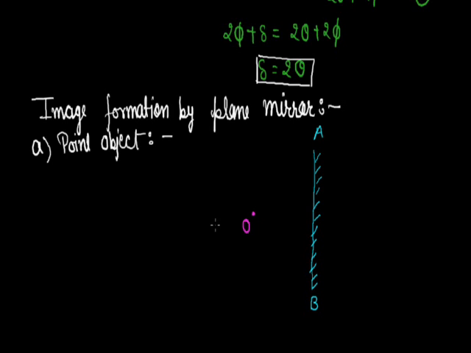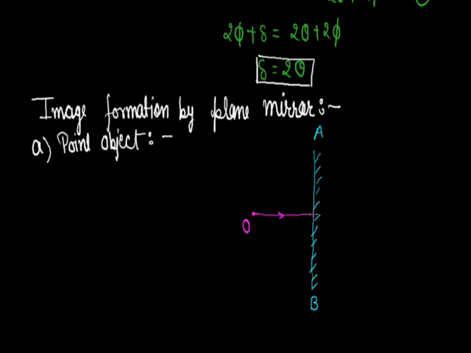Now for forming its image we require a minimum of 2 reflected light rays, and for 2 reflected light rays we require 2 incident rays. Since it is a point object, it emits light rays in all directions. Suppose a light ray is incident on this plane mirror by making an angle of 90 degrees with the mirror surface. So what will be the angle of incidence here? From the definition, the angle of incidence is the angle between the incident ray and the normal.